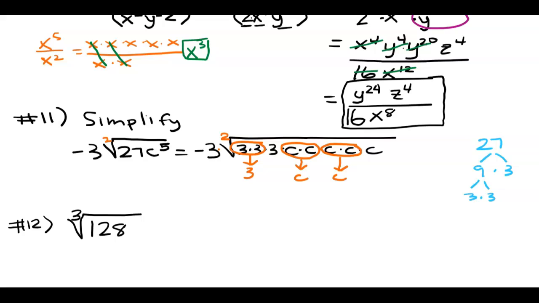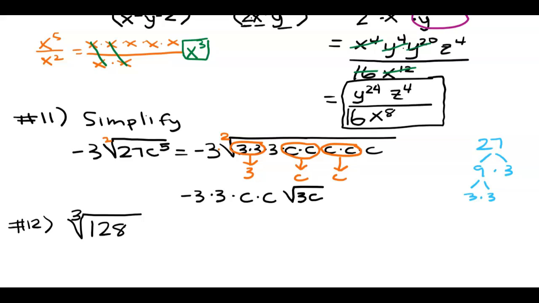So let me write it this way. We already had a -3 out there, another 3 came out, a c came out, and another c came out. Still left inside was 3 and c.